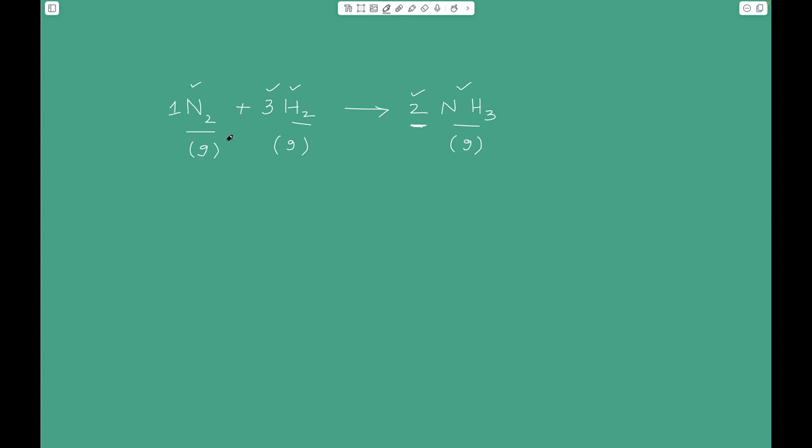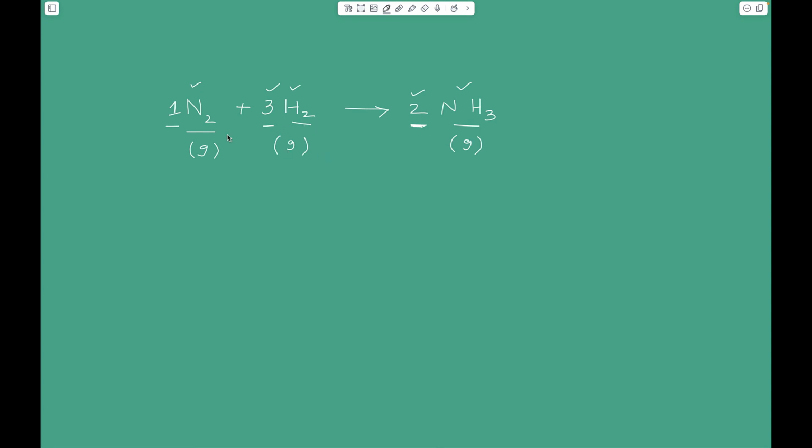So my question is, if you want to carry out this chemical reaction efficiently, that is without leaving any unreacted hydrogen or nitrogen, then in what proportion should nitrogen and hydrogen be mixed? Can you answer that question by looking at this equation? Of course, we can. From these stoichiometric coefficients, we understand that each molecule of nitrogen completely combines with 3 molecules of hydrogen.